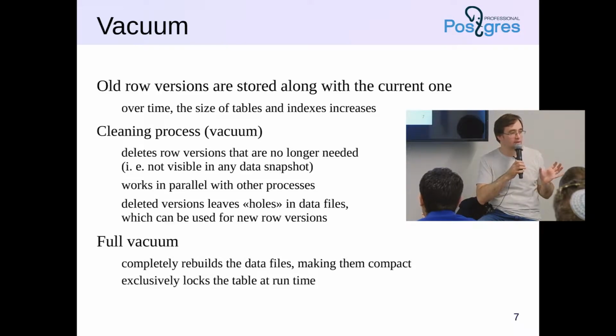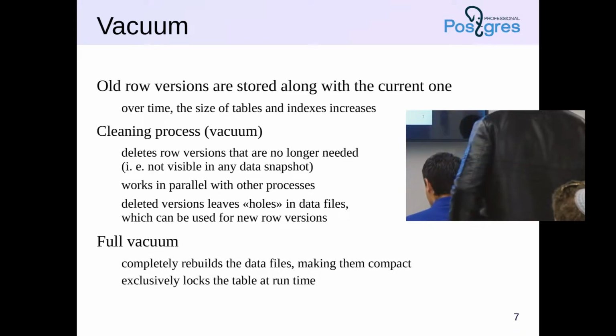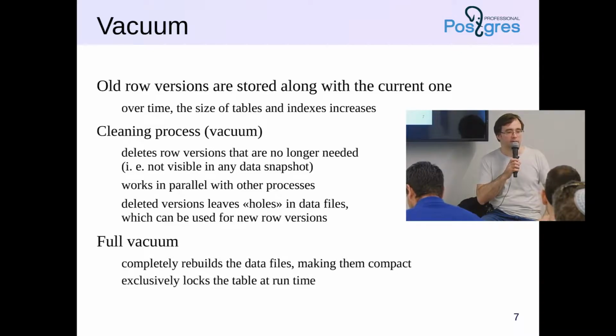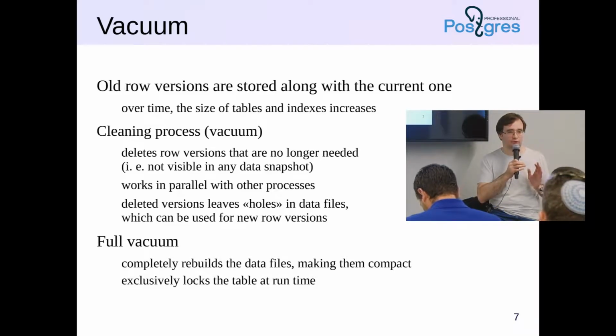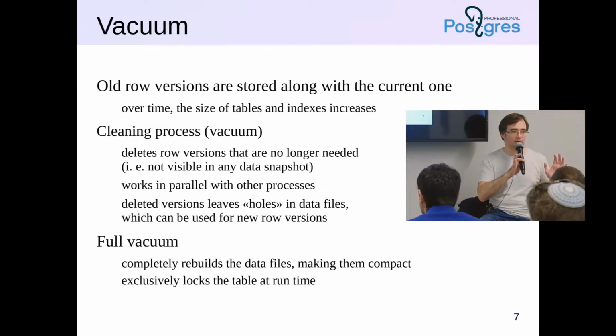So in your data pages, you will have some holes which Postgres can use for new row versions. Usually you have some data file. It will grow a bit because of historical data.